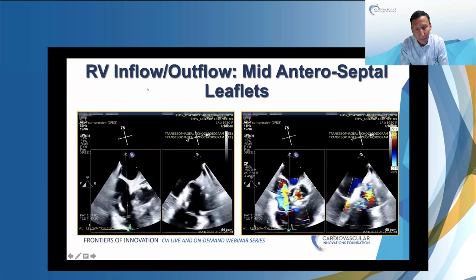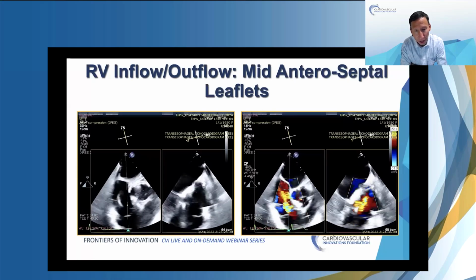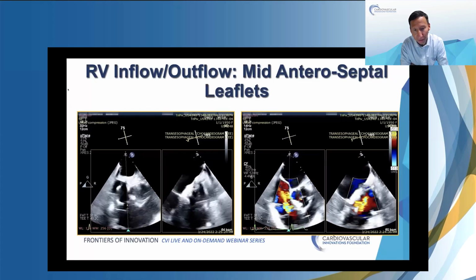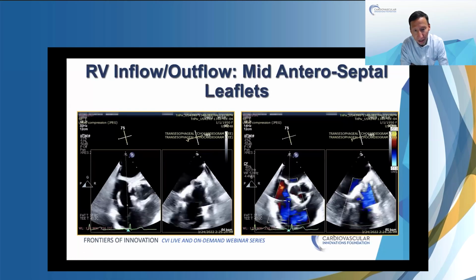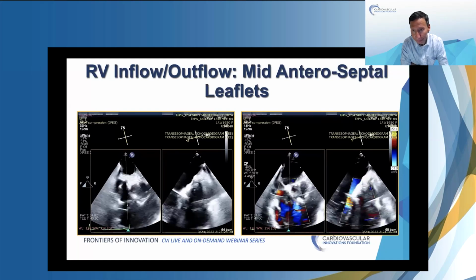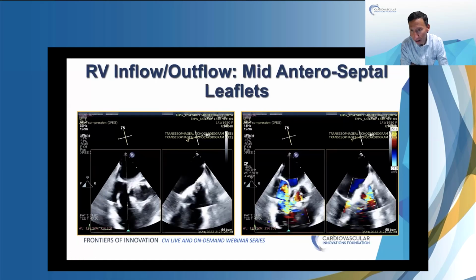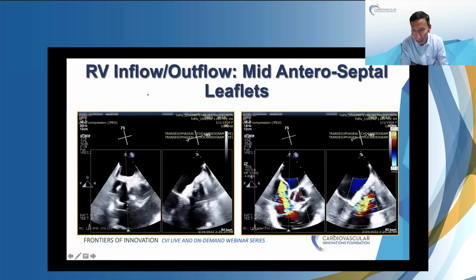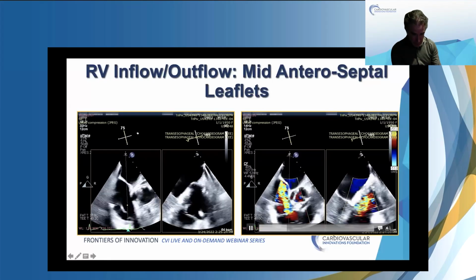And on the image on the right without color, this is a shot where we happen to capture the pacer lead going through the tricuspid valve, and it appears to be very closely associated with the septal leaflet of the tricuspid valve. And then the corresponding color pictures, you see those two on the right. The TR appears to be stemming a fair amount from exactly that spot. Okay, agreed. So it's just very suspicious.